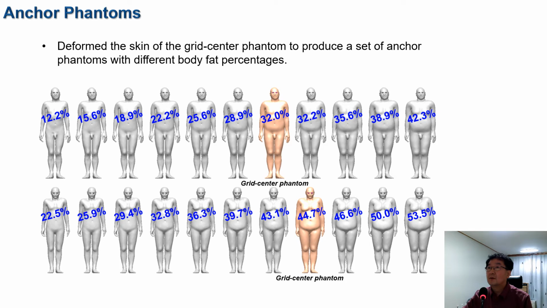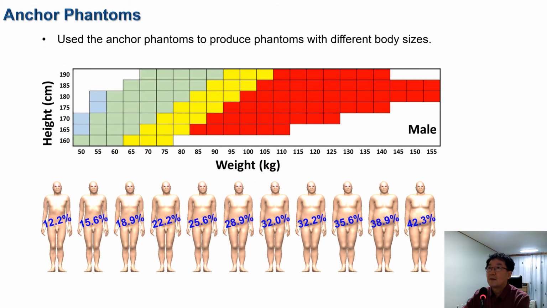Then, from the skin of the grid center phantoms, we produced a set of anchor phantoms with different body fat percentages. Then we use the anchor phantoms to produce phantoms with different body sizes.